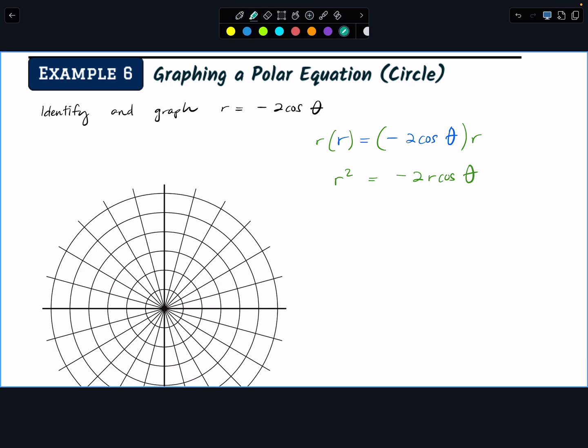What is this the same as, guys? X squared plus y squared. And then I can change this to -2x, good.